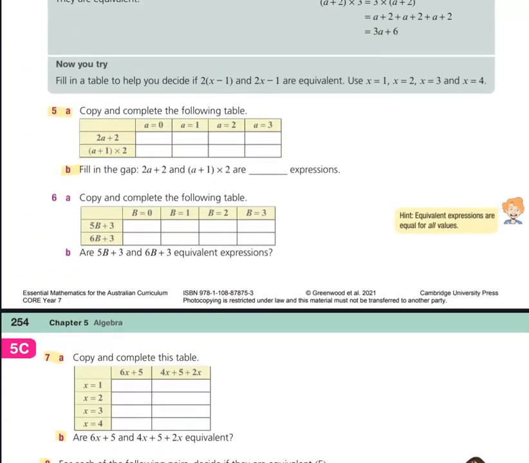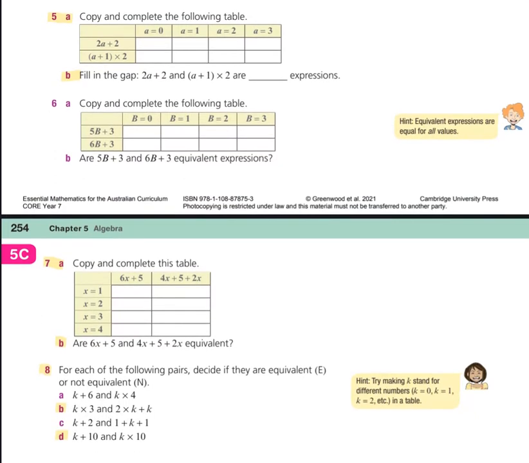All right, continuing on. Completing the table, 2a plus 2. If a is 0, 2 times 0 plus 2 is 2. If a is 1, 2 times 1 is 2 plus 2 is 4. That pattern will continue. Now for the bottom one, a plus 1 times 2.